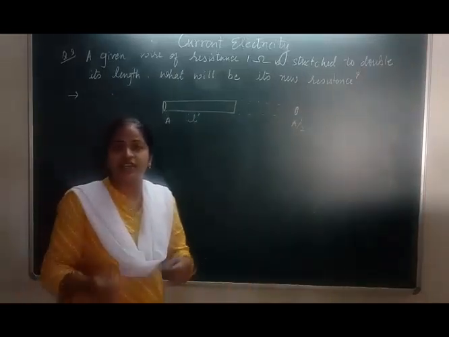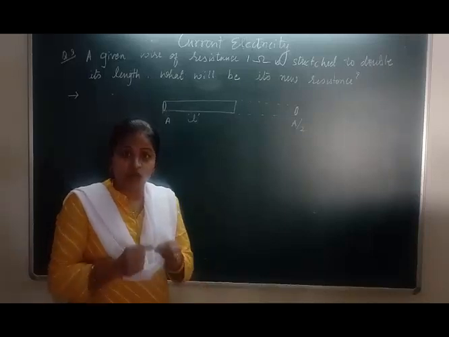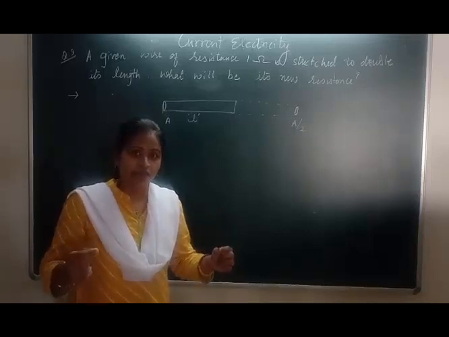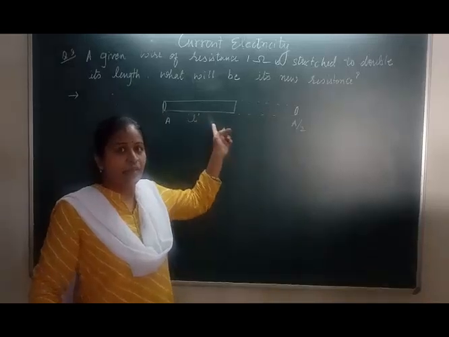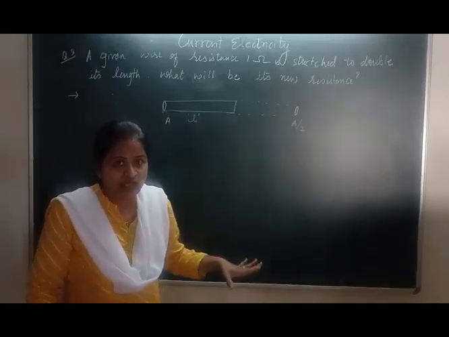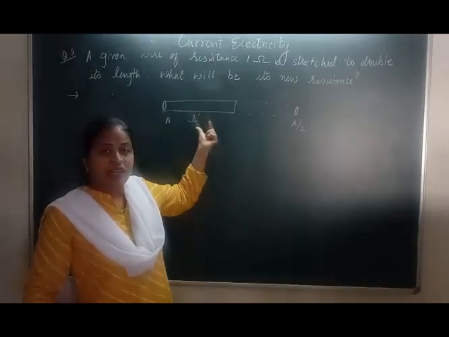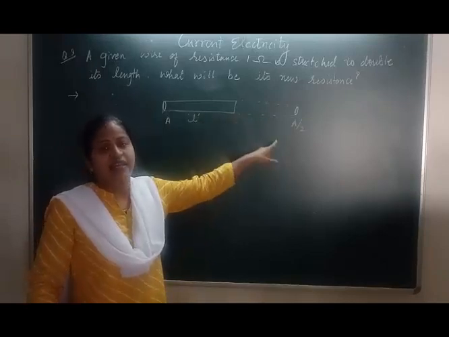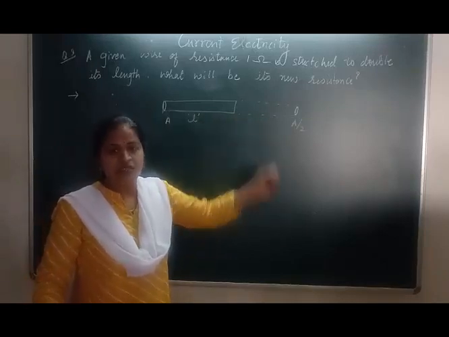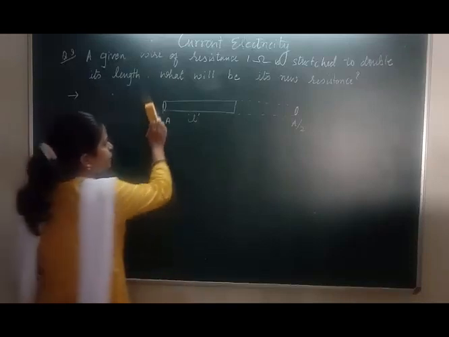Or we can say its area of cross section become half, because we are stretching the length of the wire. Because as it is of the same material, so resistivity will be the same, but if the length of the wire is double, its area of cross section become half. Just solve. We can solve it now.